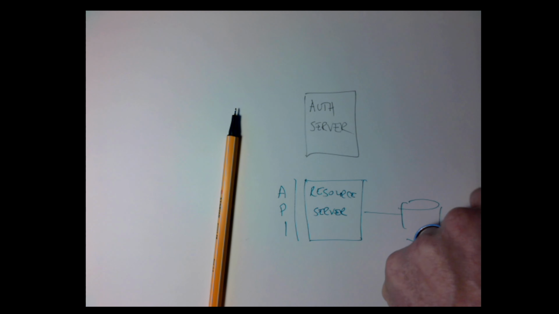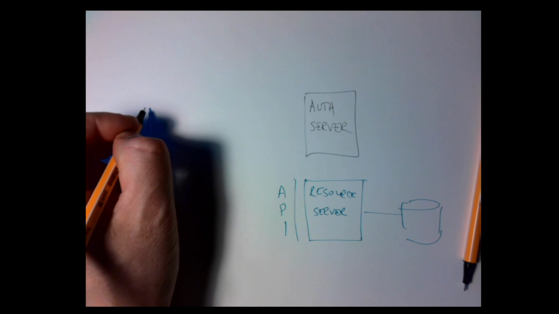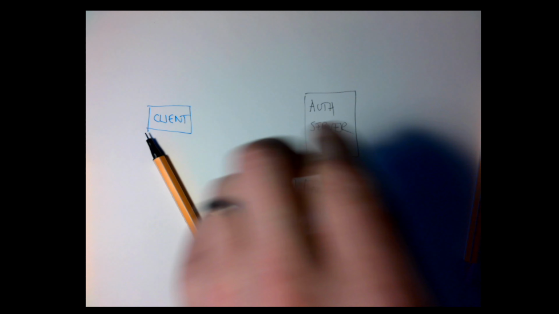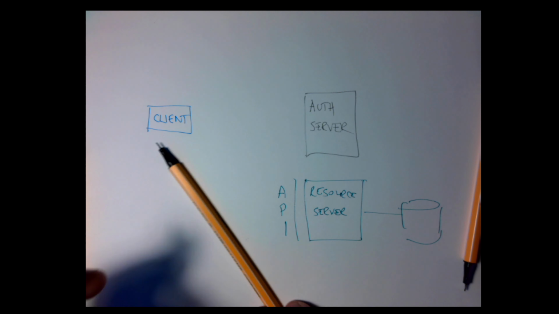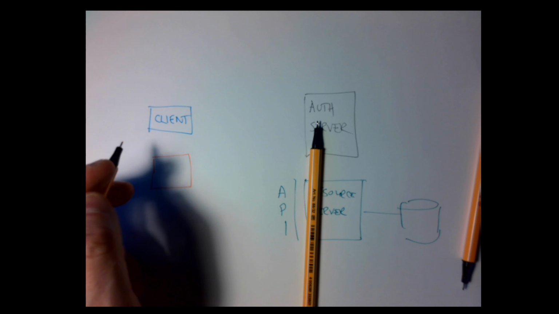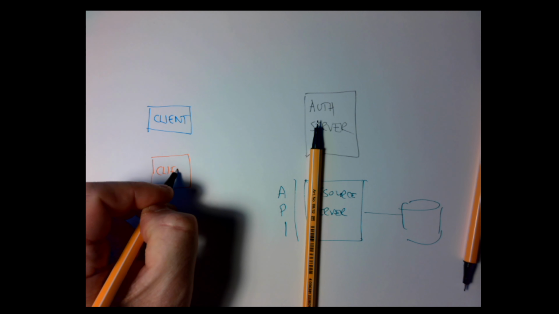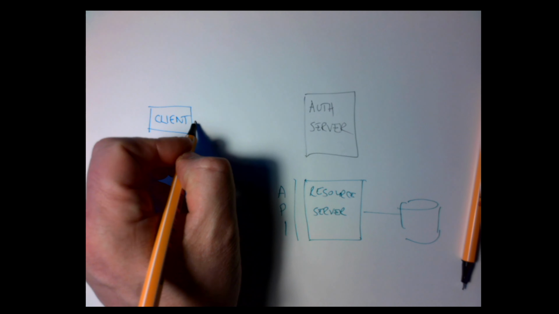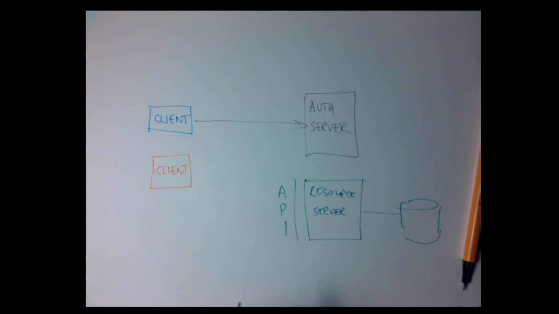And finally, we have in blue our client. But you can have any number of clients. We can have a mobile app client, we can have a website, we can have a TV, doesn't matter. And then these will go to the auth server and say, could I have a token, please?